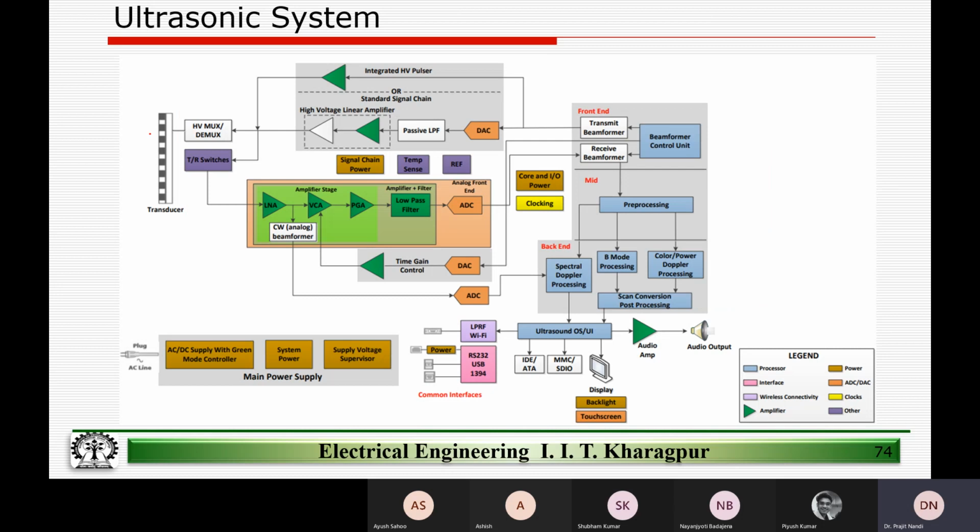So if you see here, the transducer or the piezoelectric crystal sits right here, and in this system the same transducer works as a transmitter as well as a receiver. By exciting this crystal with voltage pulses, we can generate sound waves from the transducer.